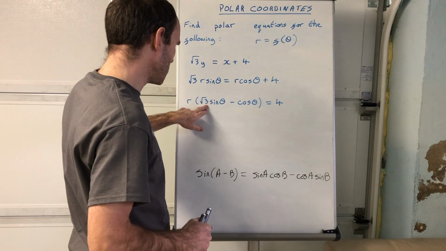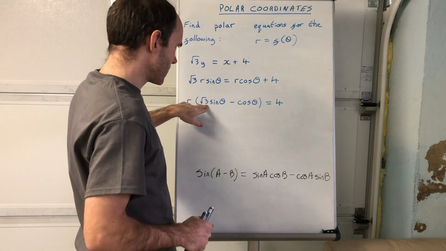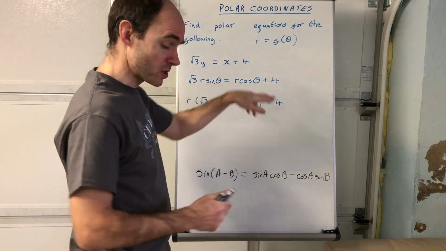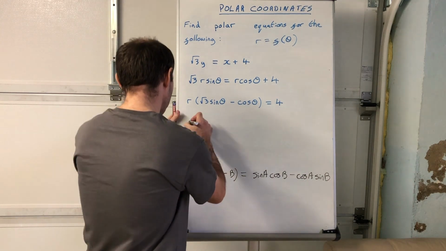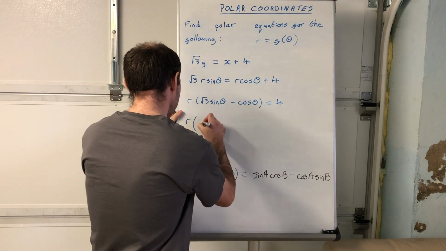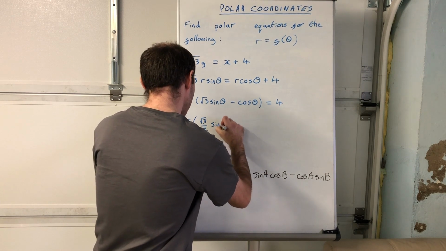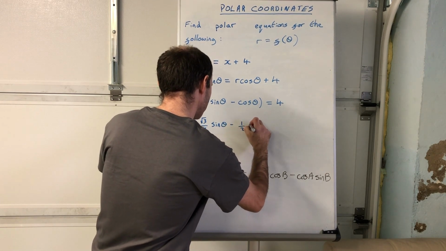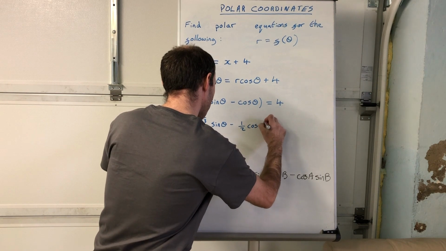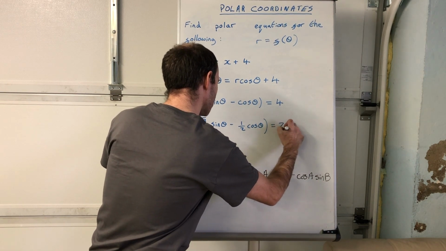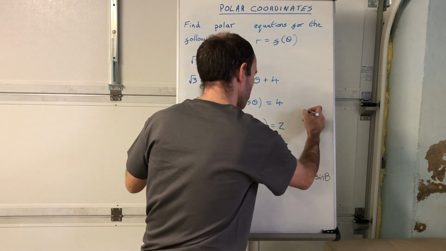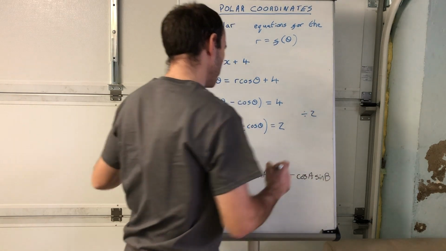So the thing to do is to divide both sides by 2. Okay, so what I'm going to do is I'm going to write it as r, and then in brackets root 3 over 2 sine theta, subtract 1/2 cosine theta is equal to 2. Okay, maybe I'll just put there, I've divided both sides by 2.